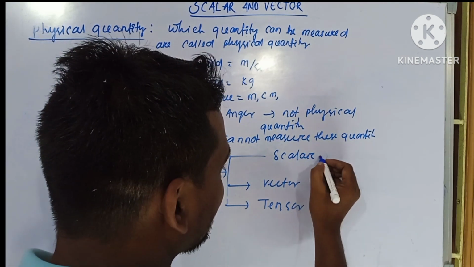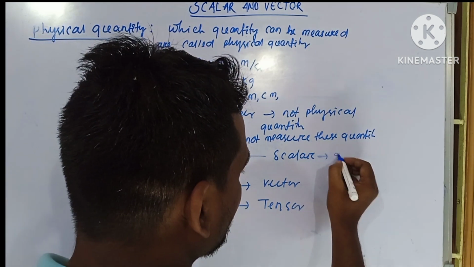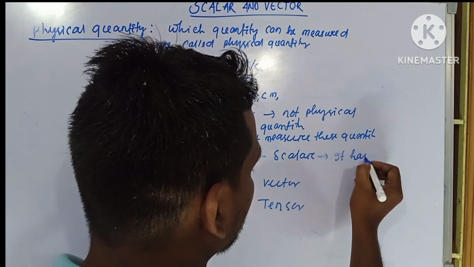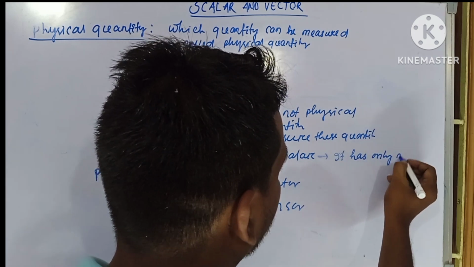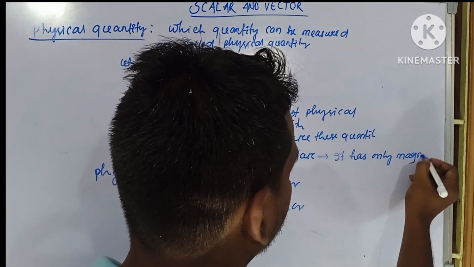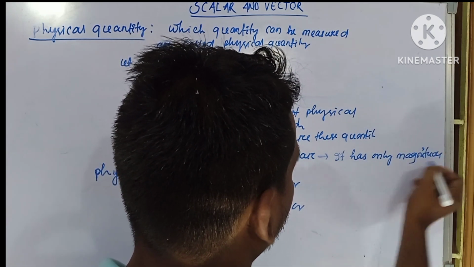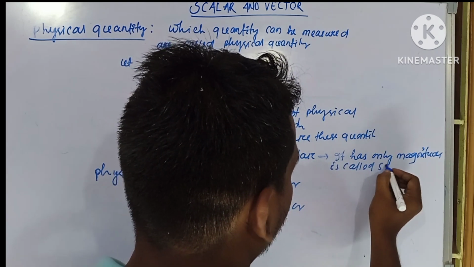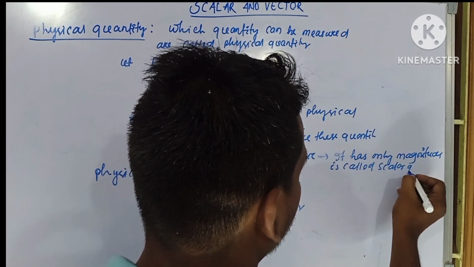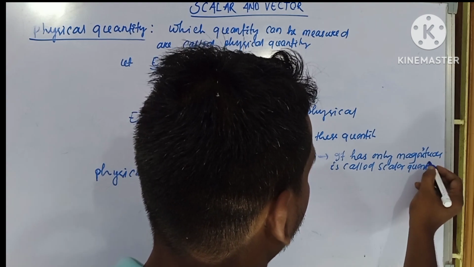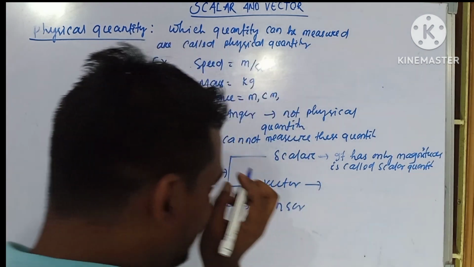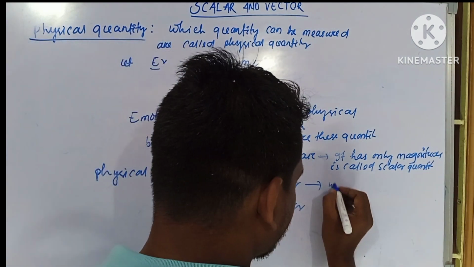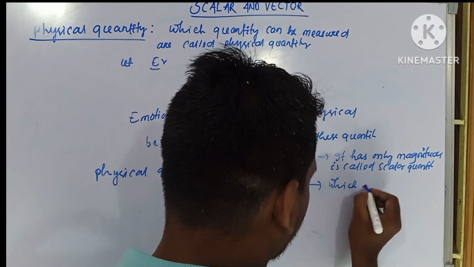Scalar means a quantity that has only magnitude. A quantity with only magnitude is called a scalar quantity.